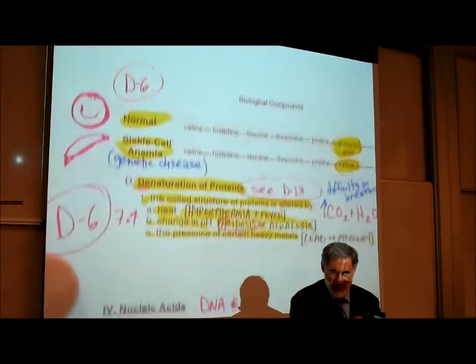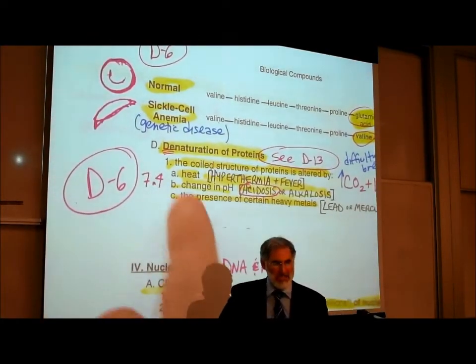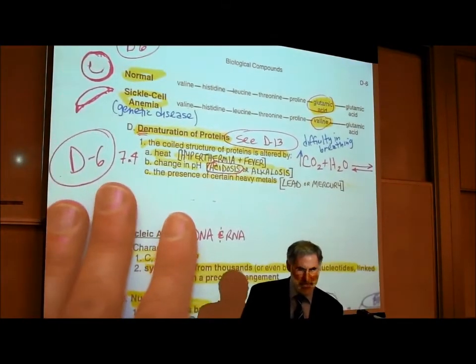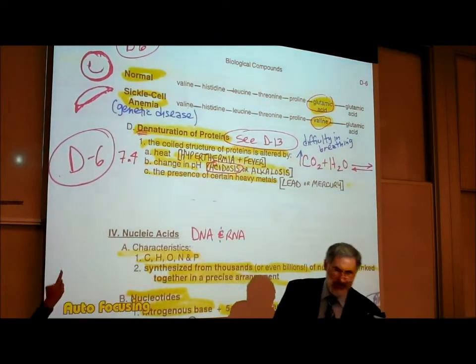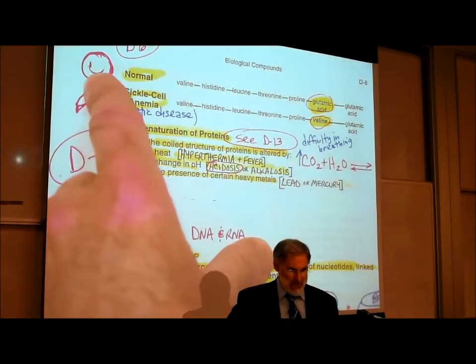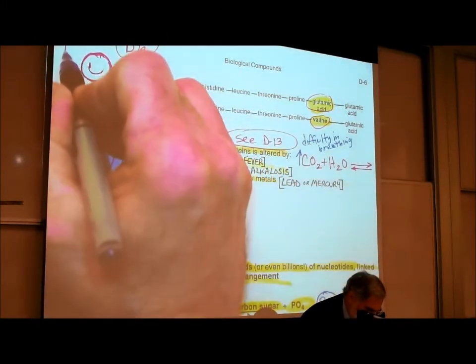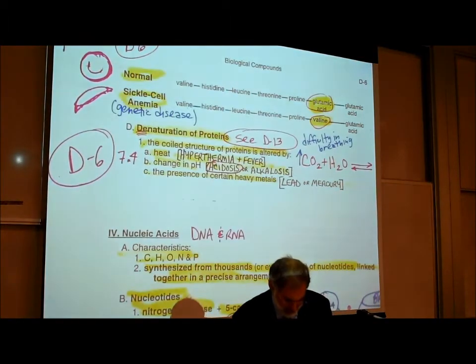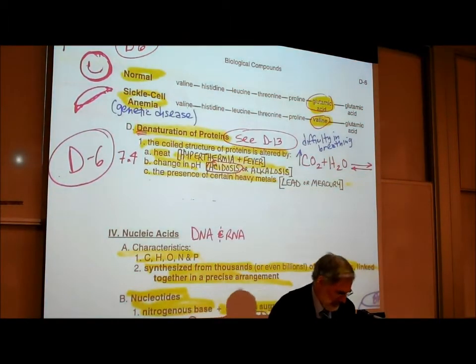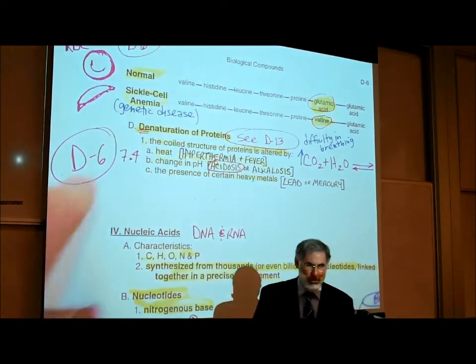On the next page, D6, I want to explain what sickle cell anemia is. What is sickle cell anemia? Now, we know that inside a normal red blood cell is hemoglobin.